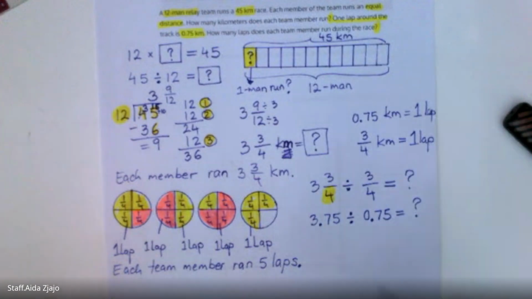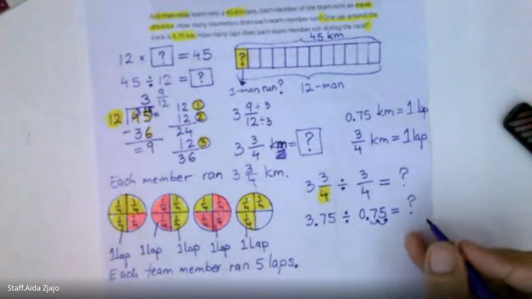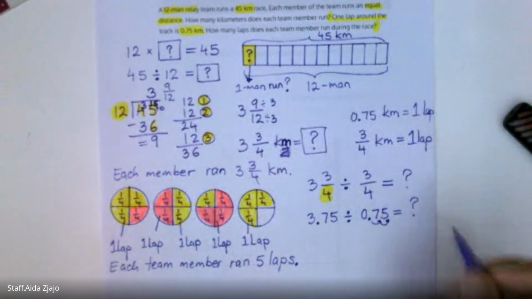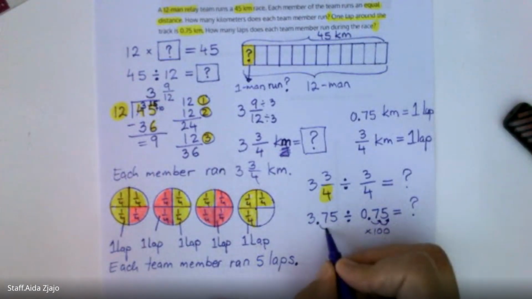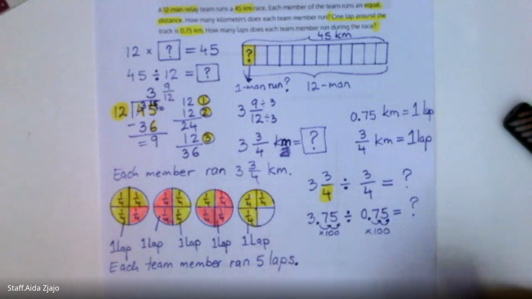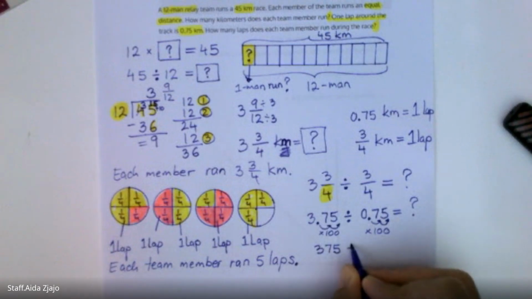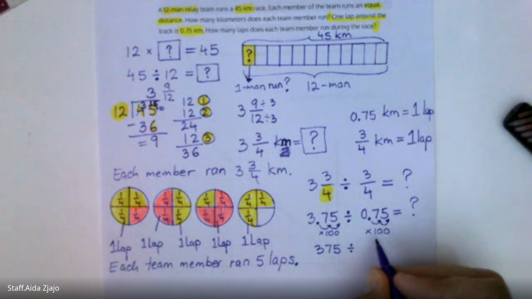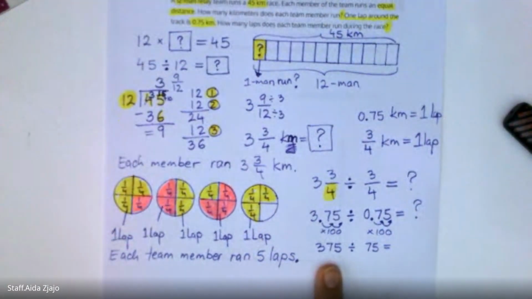So by that, you need to actually get this 100 times bigger in order to become a 75. So you can multiply by 100 both sides, and then you're going to change your algorithm to be 375 divided with 75. How many 75s are in 375?